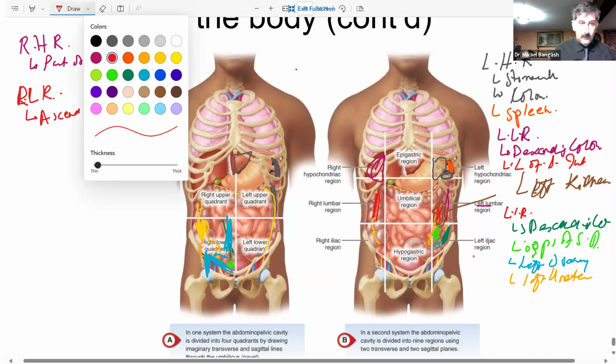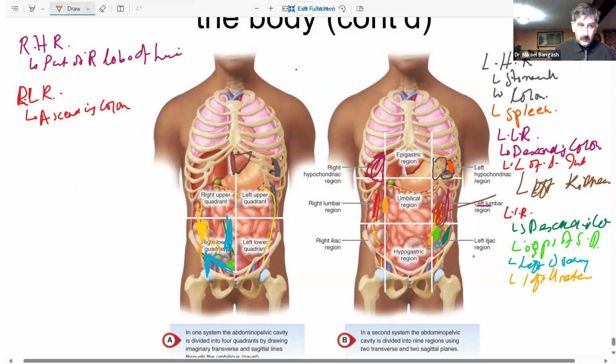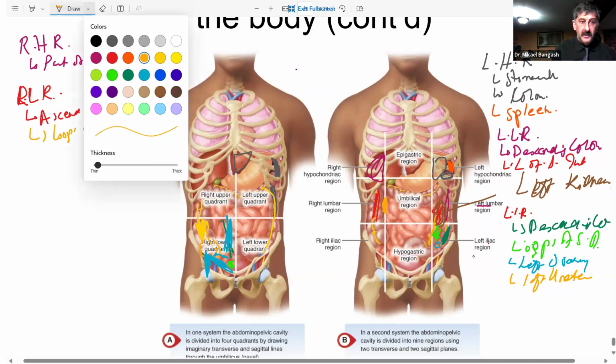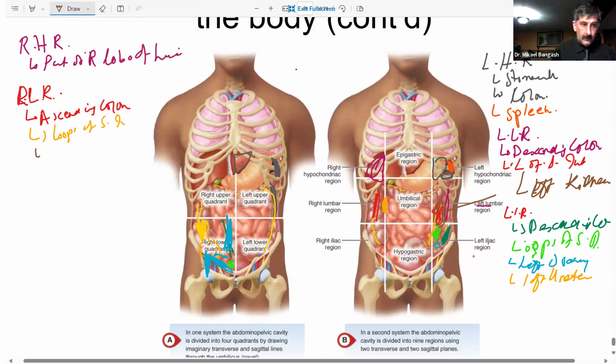You may even find some loops of the small intestine. And posterior to that is going to be the right kidney.